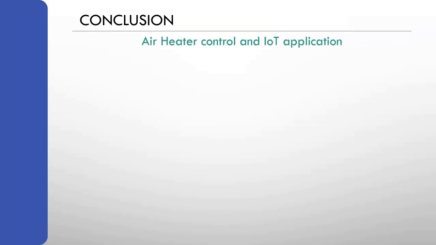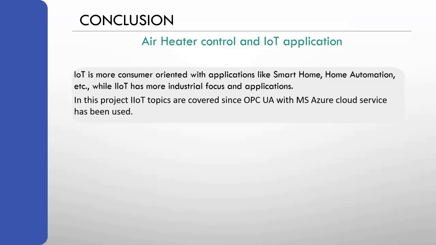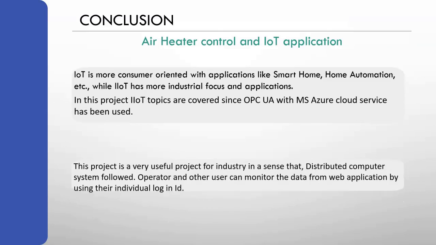So in conclusion of my project, I just want to tell something about this one. IoT is more consumer oriented, with applications like smart home automation, as well as industrial applications. In this project, these IIoT topics are covered, since OPC UA with MS Azure Cloud Service and web applications have been used here.